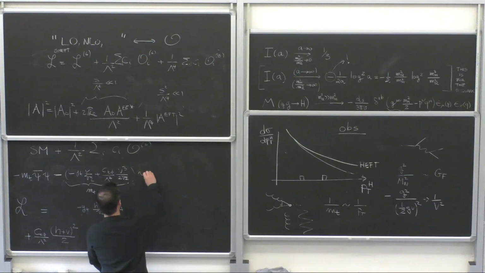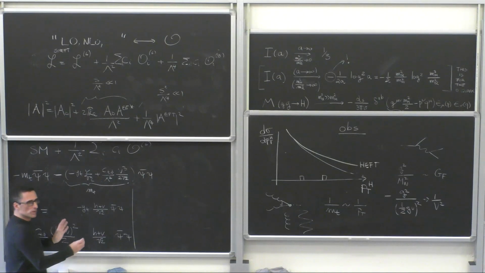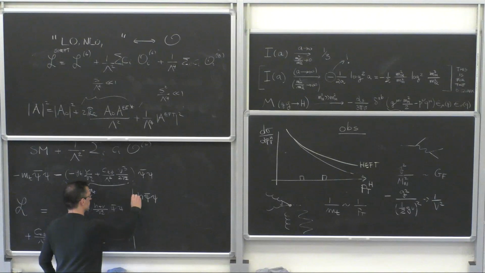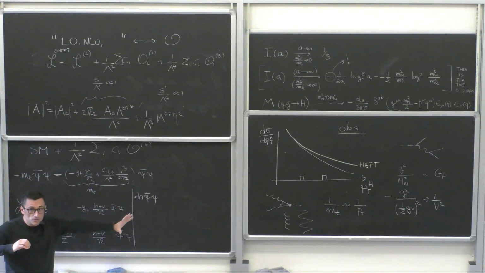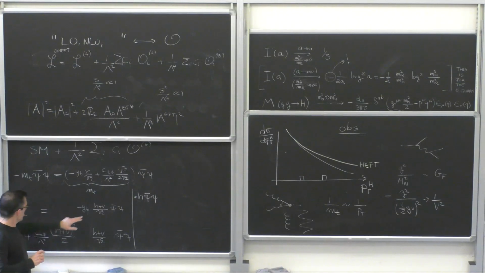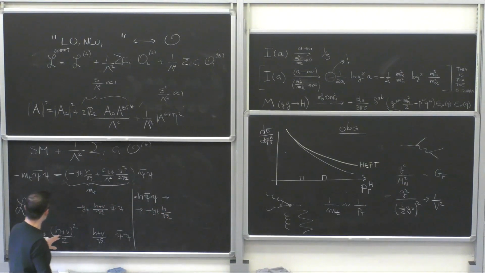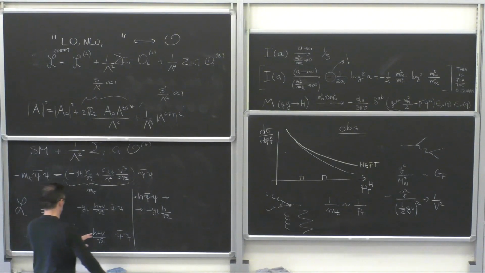So this is the mass of the top, and then from here I look at the linear coupling of the Higgs. So I look at this term, and I look at this coefficient which is in front, and I collect all the linear terms in front. So from here the linear term will be minus yt h over square root of 2, and from here you see that there are three linear terms.